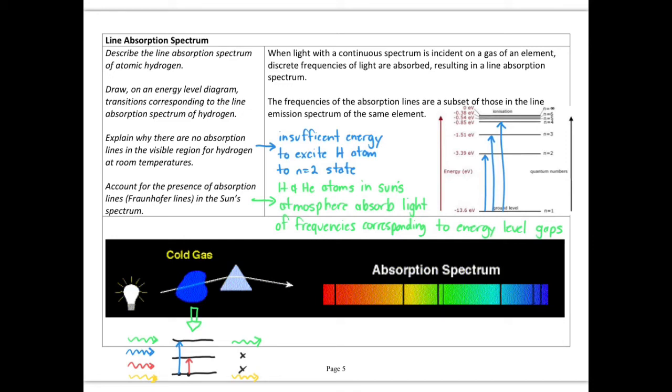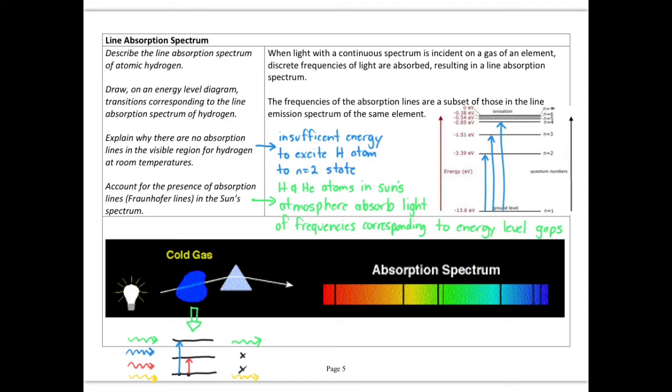Just continuing here, explain why there are no absorption lines in the visible region for hydrogen at room temperature. Well, basically hydrogen, if it's at room temperature, is all normally down here in the ground state. There's not enough kinetic energy of the particles at room temperature to put it into this first excited state here, the n=2 state.